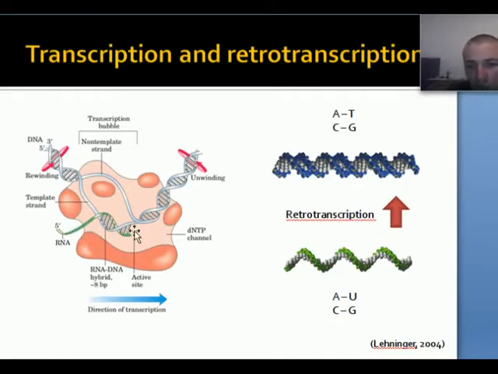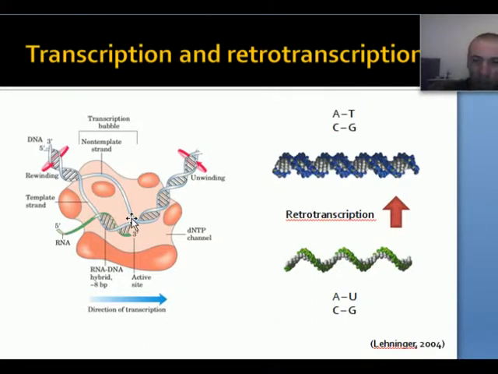And the direction of the transcription, as you can see, RNA is constructed from 3' to 5', and we have several other proteins helping the DNA structure with rewinding and unwinding, and that kind of twisting.